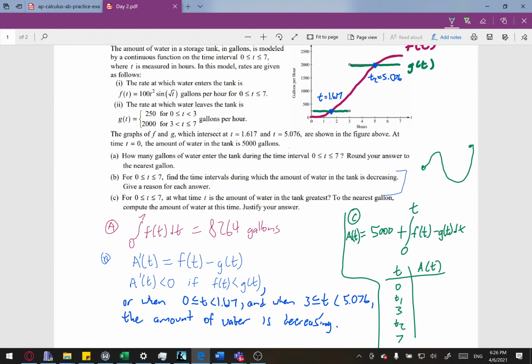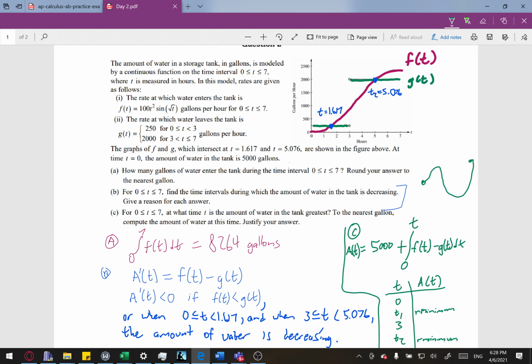Okay, what about t2? Is t2 a relative minimum or maximum? Is f(t) minus g(t) positive or negative before t2? Okay, negative, and then it changes to positive. This is another relative minimum, actually. Then before I hit t equals 3, is f(t) minus g(t) positive or negative?